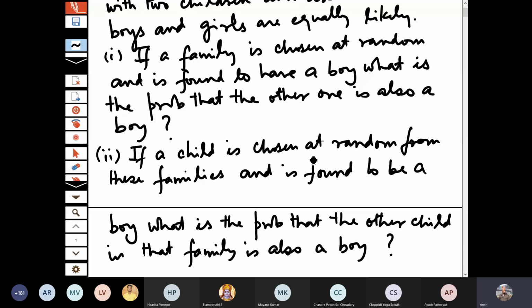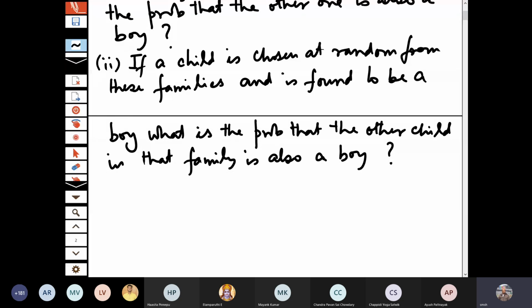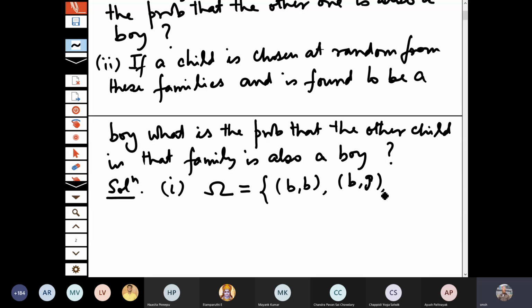So it is based on your classical definition that we have to solve this problem, because we are assuming the occurrence of boys and girls equally likely. So in the first case, you are choosing a family. So a family can have two boys, first boy second girl, or first girl second boy, or both are girls.